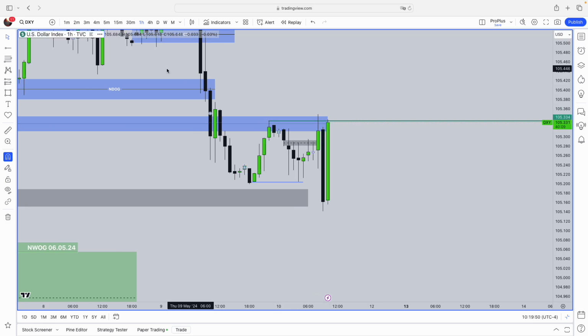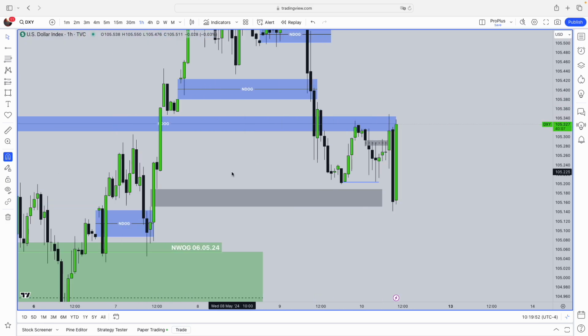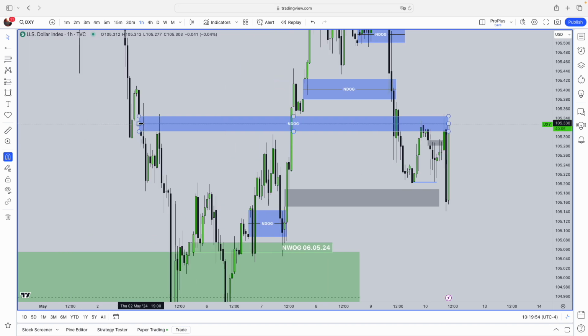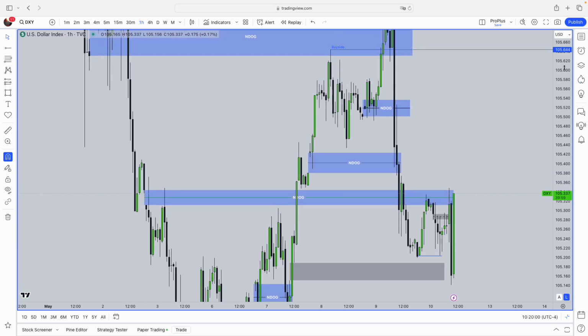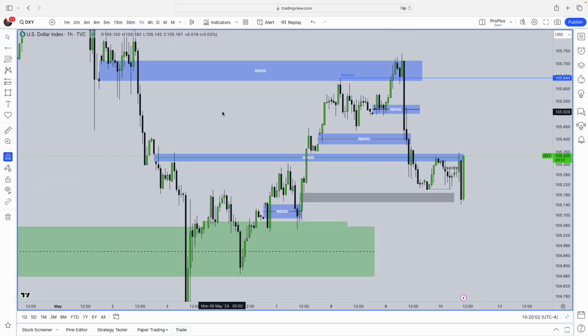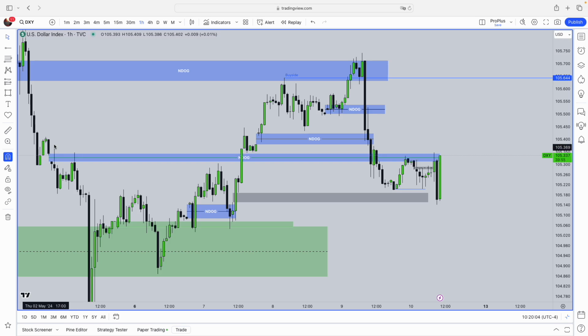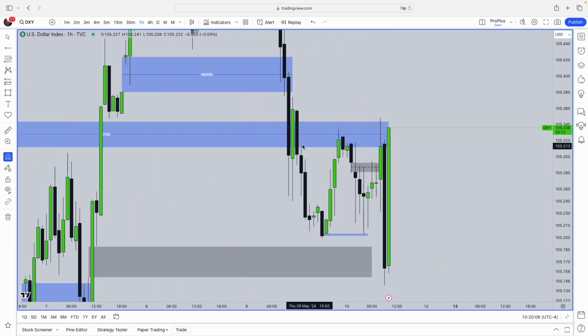And then also this is a daily opening gap from Thursday the 2nd of May, so last week. So this is why it's key to keep on your daily opening gaps for a few weeks. It runs, takes out buy side, rejects the high and the midpoint of the daily opening gap.